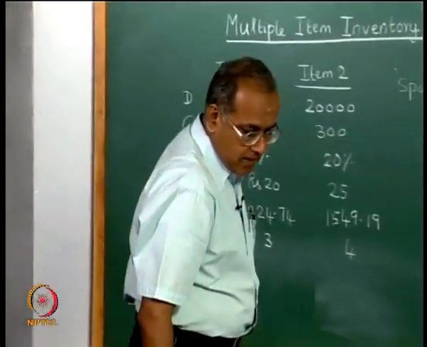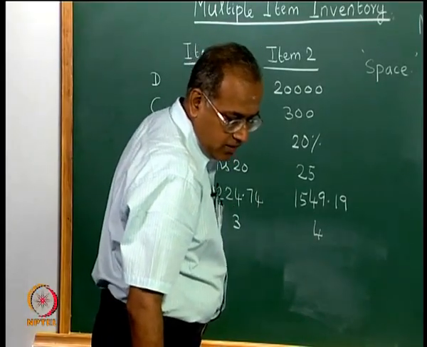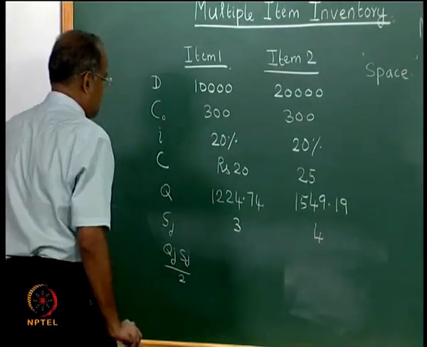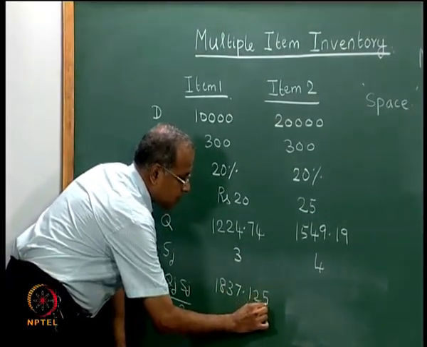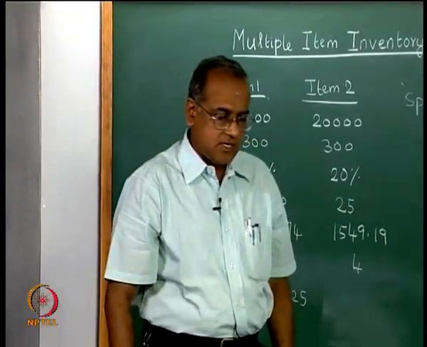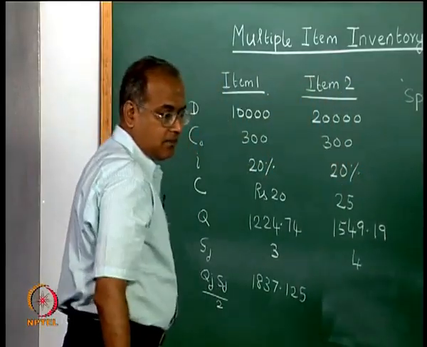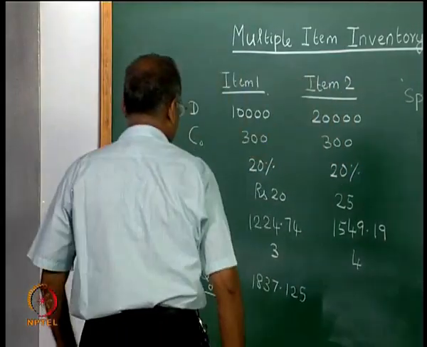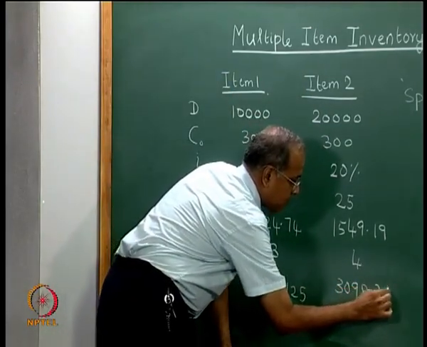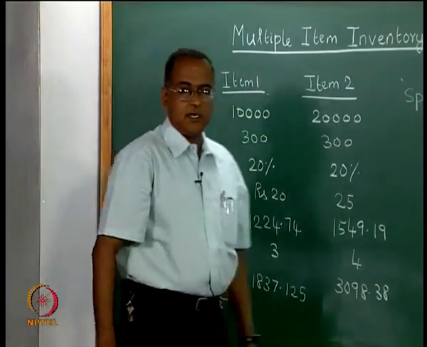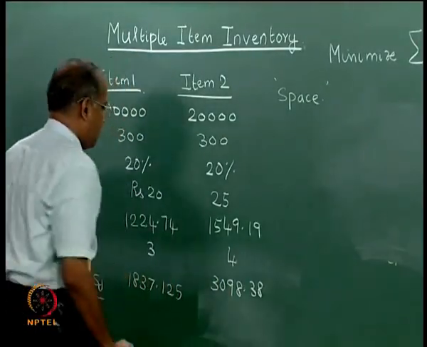Qj Sj by 2 on computation gives us 1837.125, and Qj Sj by 2 for the other item is 3098.38, and the total space that is required is 4935.5.